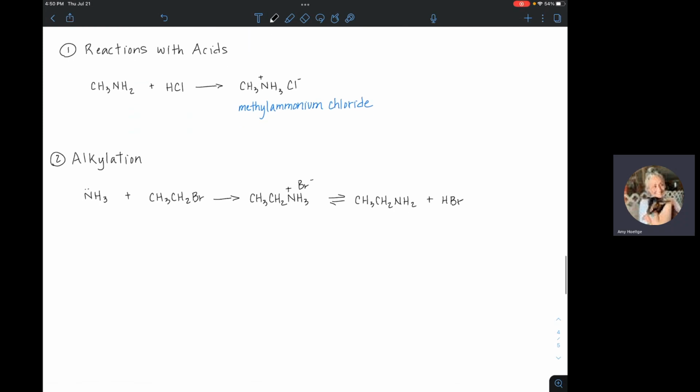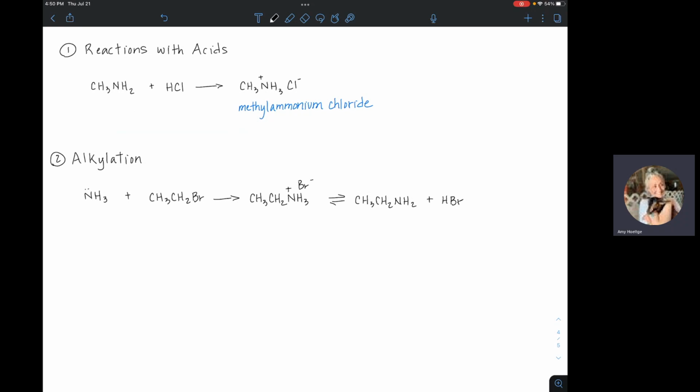Because HBr is a pretty strong acid. These reactions are fairly instantaneous, right? You'll just get the salt. You let an amine get anywhere near an alkyl halide or a source of acid, instantly you just have white powder on your hands.